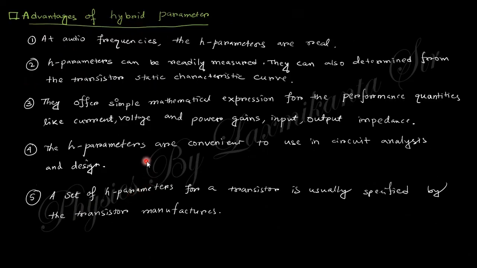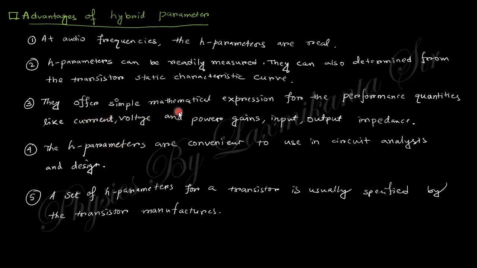Next, what are the advantages of using the hybrid parameter? At audio frequency, the hybrid parameters are real. They can be readily measured. They can also be determined from the transistor static characteristic curve, that is the DC voltage curve. Using this DC curve, we can find out the hybrid parameters, which are useful in AC circuits also.